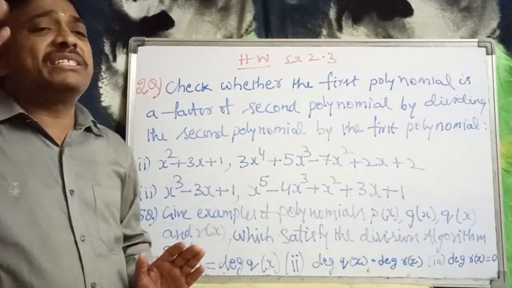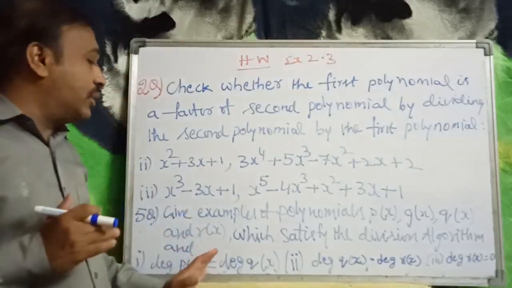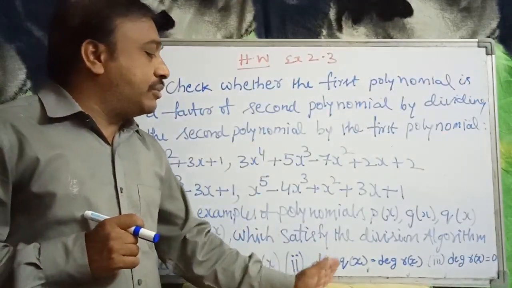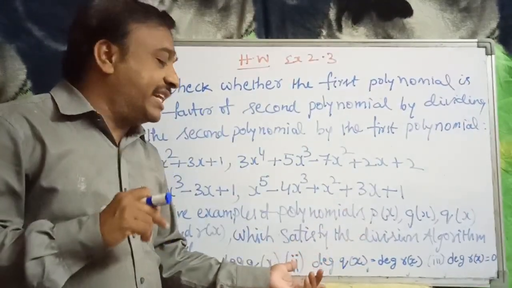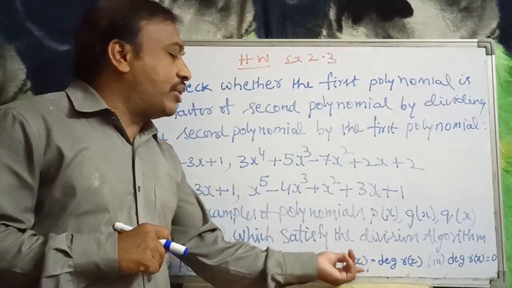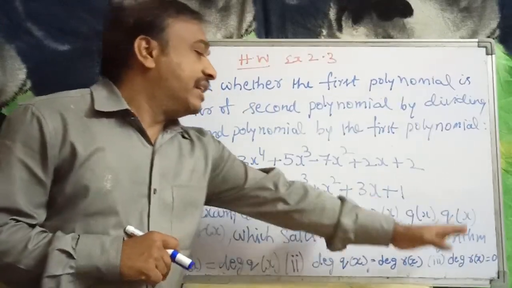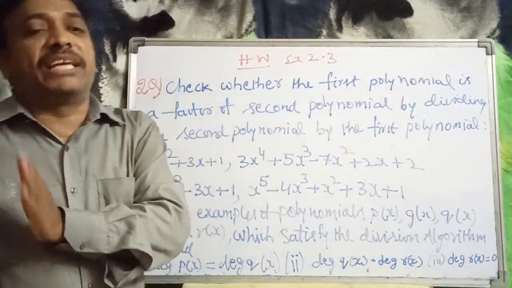Degree means the highest power of the variable. Second, degree of q of x should be equal to degree of r of x, the quotient and the remainder. Third, for the remainder you have to obtain degree of r of x as 0.